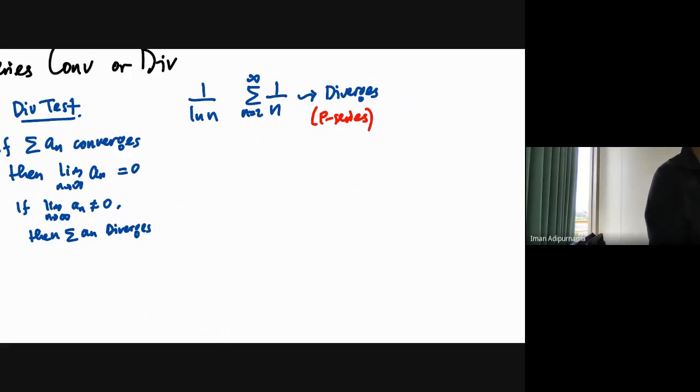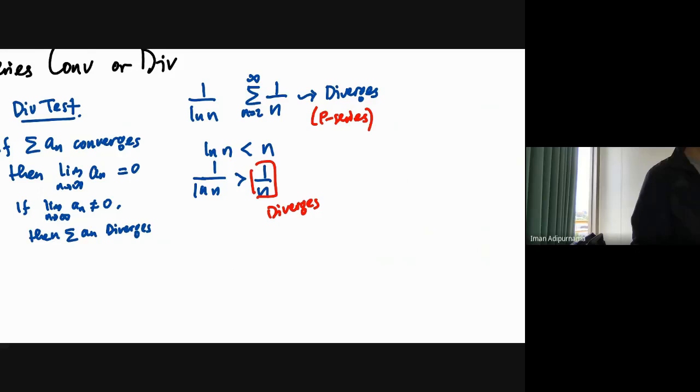Or if you start from ln n, it's of course less than n, right? So 1 over ln n is greater than 1 over n, okay? Because this is already diverged. So another series that is higher than a divergent one is still divergent, right?